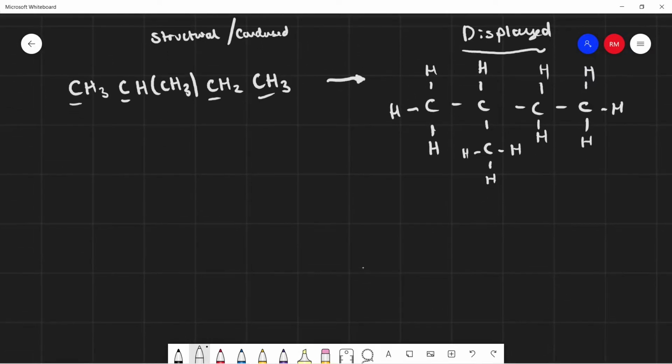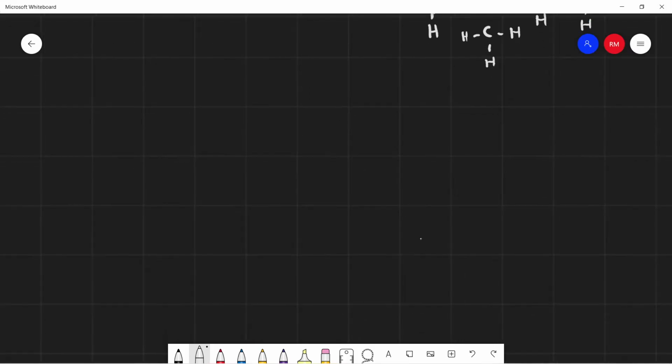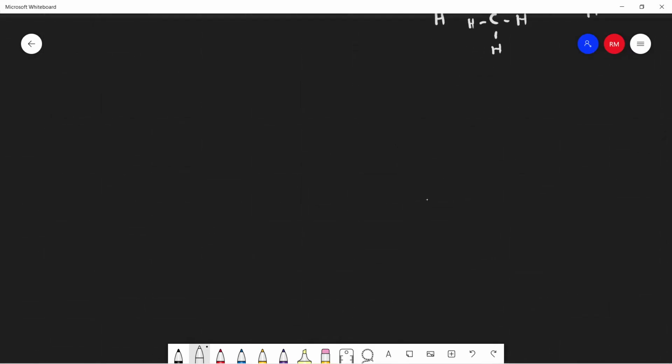Now what if you're just given the names of a couple organic compounds here, and I want you to draw out the structural formula for each of them. So I want hexane 2-ol.